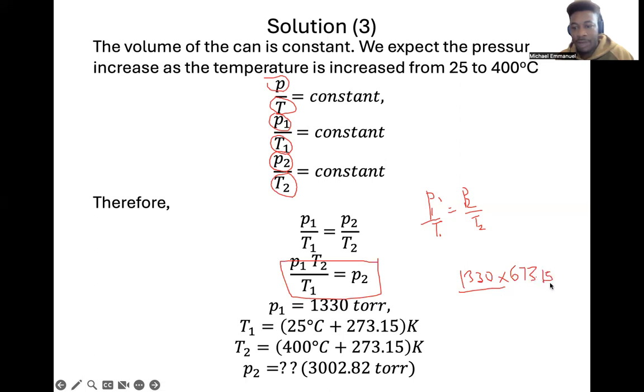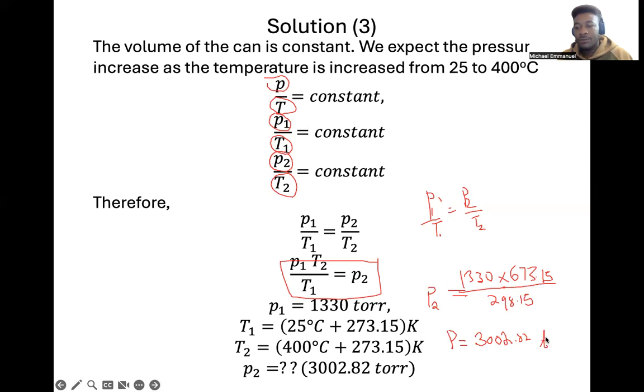Then we divide it by the temperature T1, which is 25 plus 273.15. This gives us 298.15 Kelvin. Now this will give us the pressure P2. This value is 302.82.